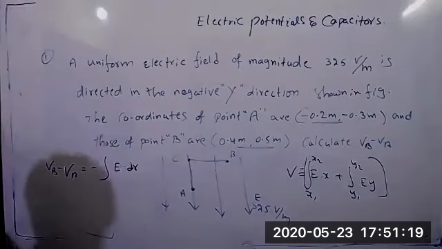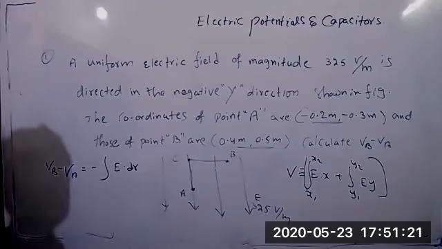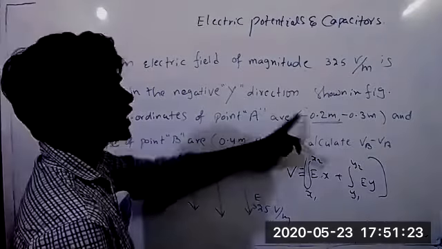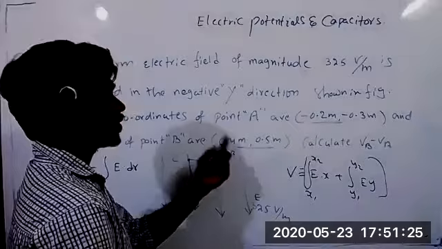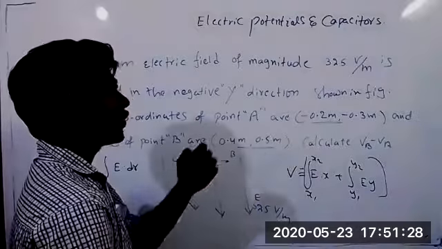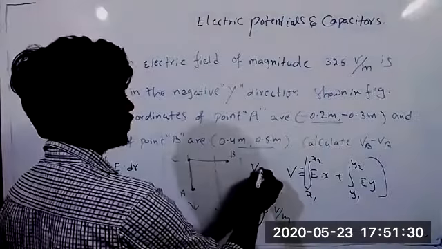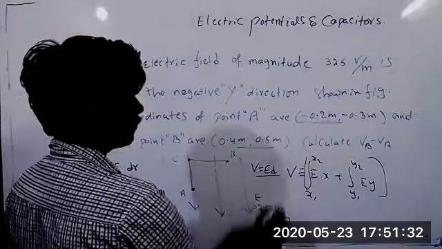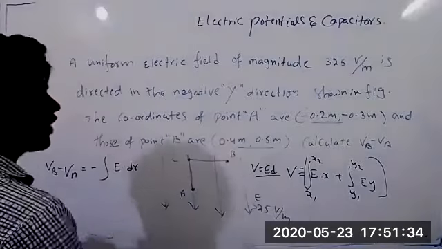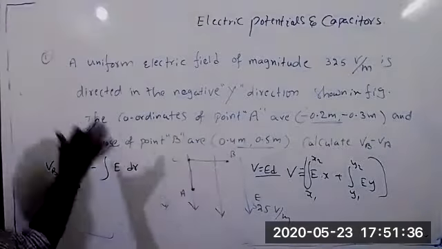This is the formula. Why we have to write integration is they have given some of the points. X point, x1 they given, x2 they given, y1 they given, y2 they given. So we can't use V is equal to Ed directly if they have given integration. Now integration we have to use.